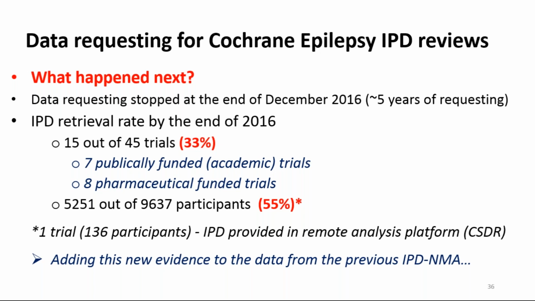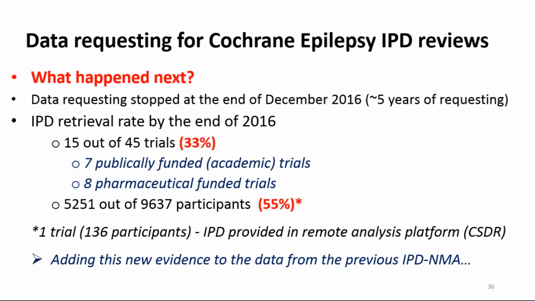But we did manage to get data from some fairly big trials, the biggest trials. We got data for 5,251 out of nearly 10,000 participants, and one of those trials was provided to us in the remote analysis platform of CSDR.